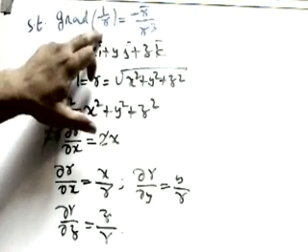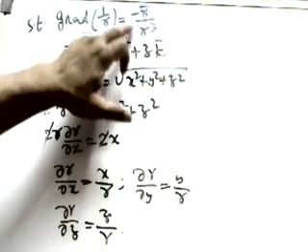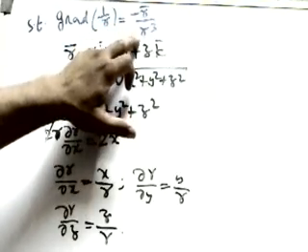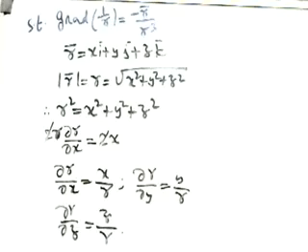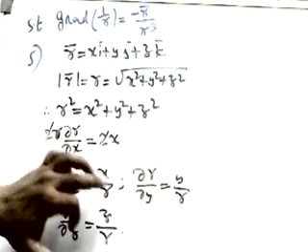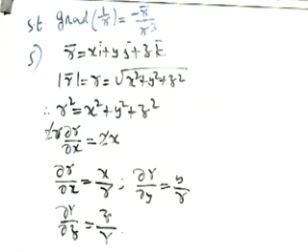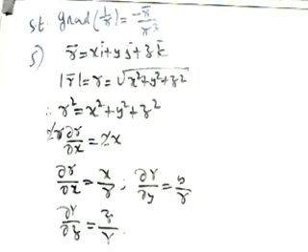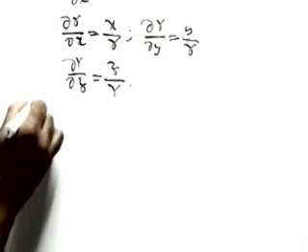Now the next question is, gradient of 1 by r. We have to prove it equals minus vector r by r cube. We have to write all these steps. We already know vector r equals xi plus yj plus zk, mod r squared, and dou r by dou x, dou r by dou y, dou r by dou z. Now we have to find the value of gradient of 1 by r.